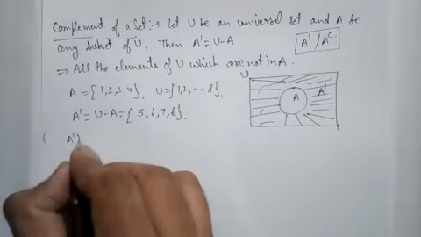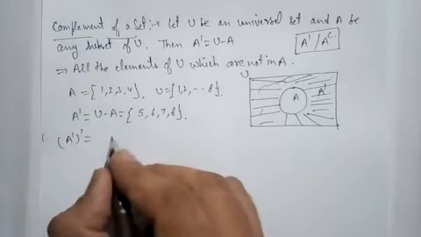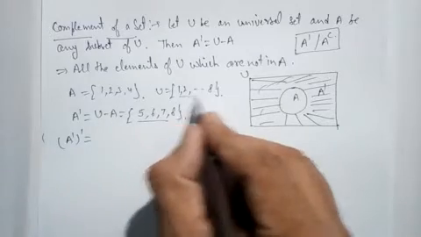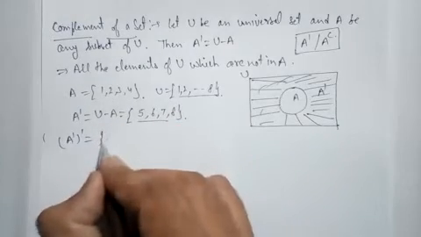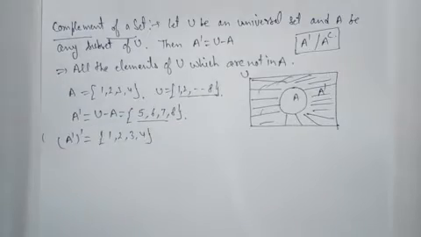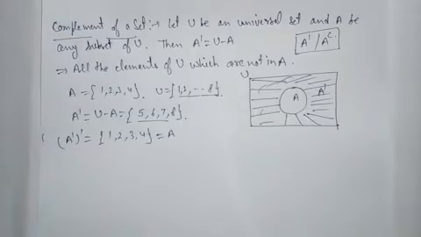If I would like to find the complement of A complement again, then all the elements of U which are not in A complement are 1, 2, 3, 4, which is equal to A. So this is the complement.